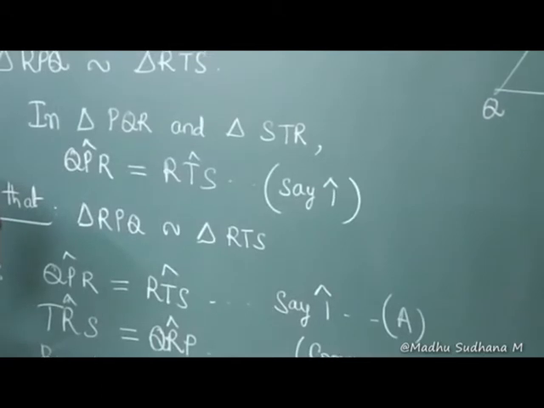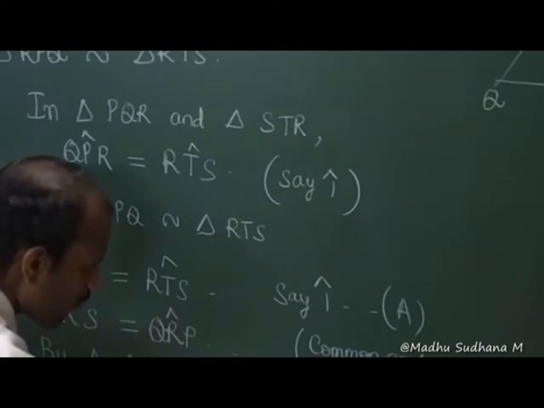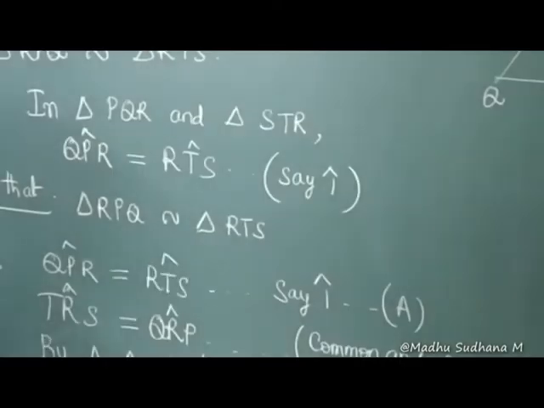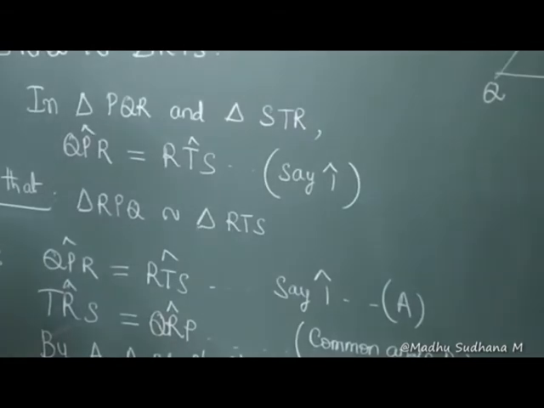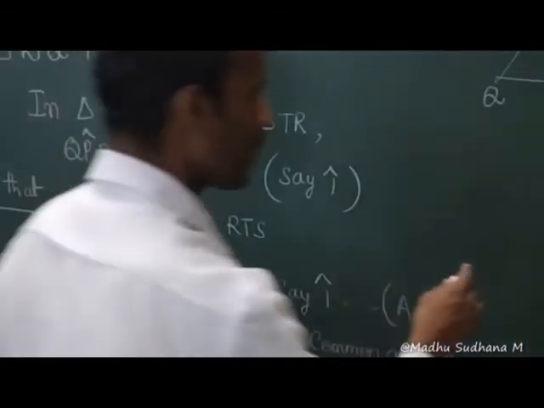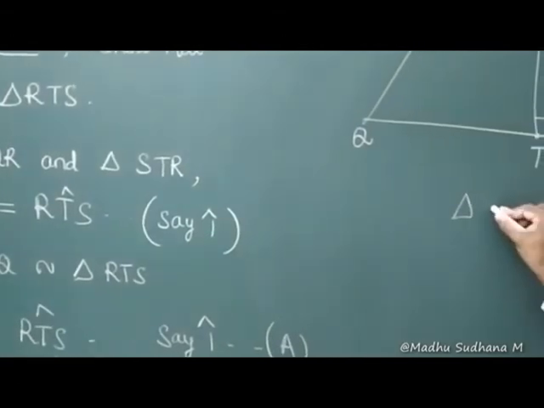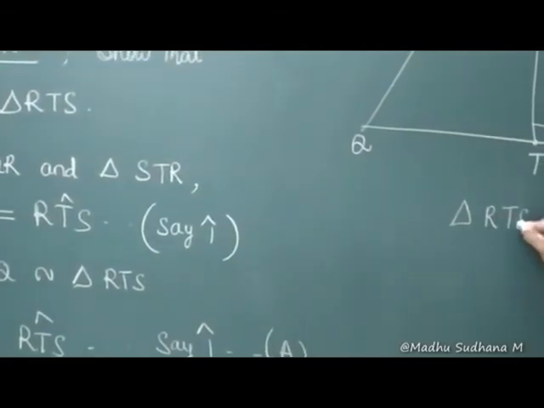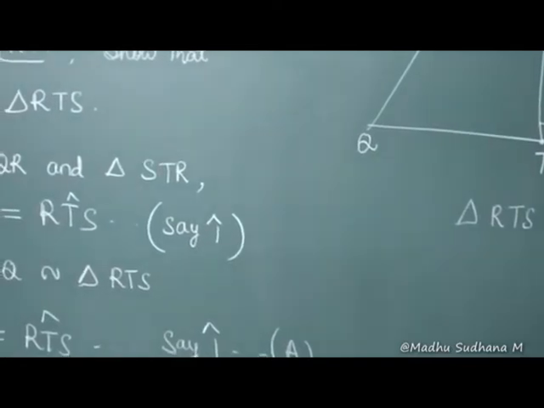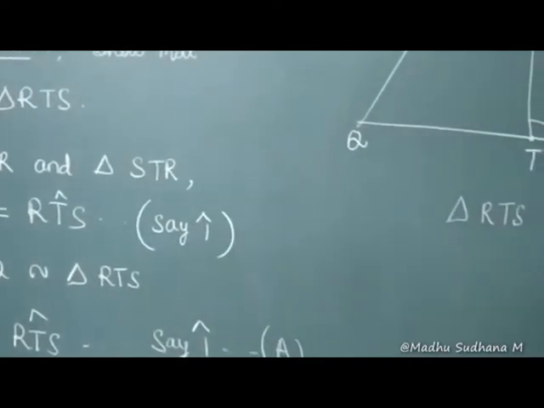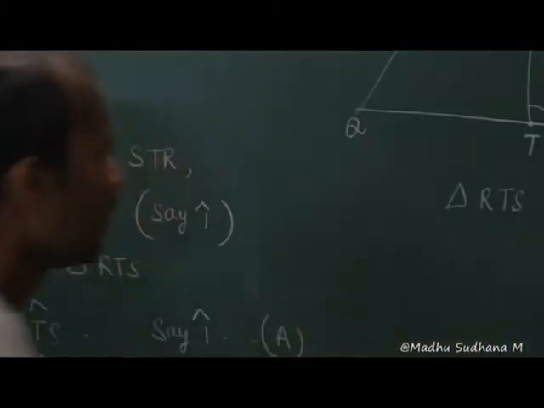For every question we need to mention which criteria is used. So from AA similarity criteria we can prove that triangle RTS is similar to triangle RQP, and this is the proof of this question.